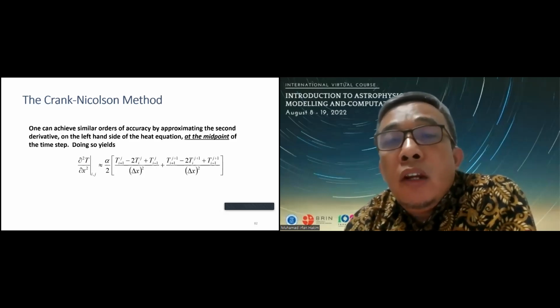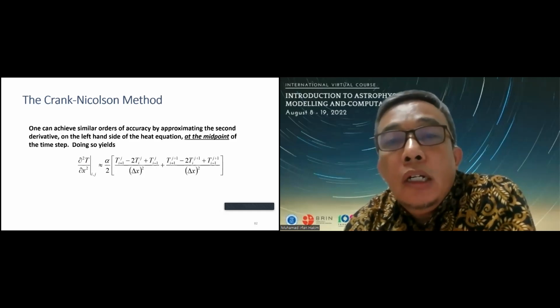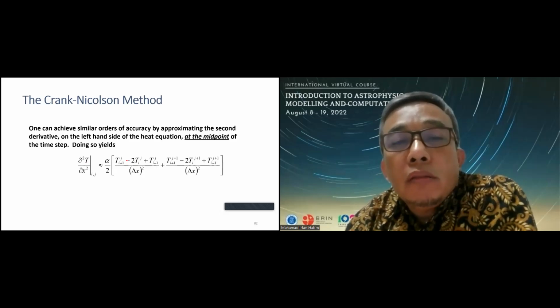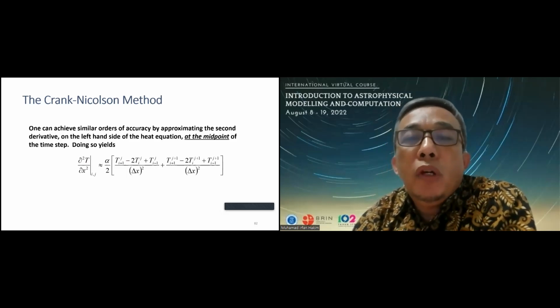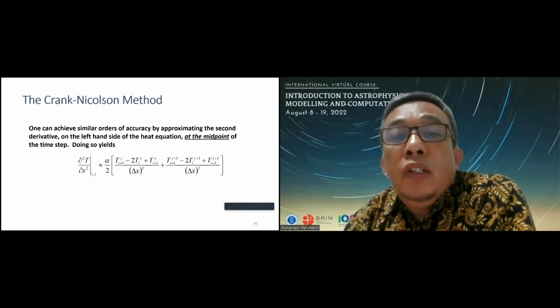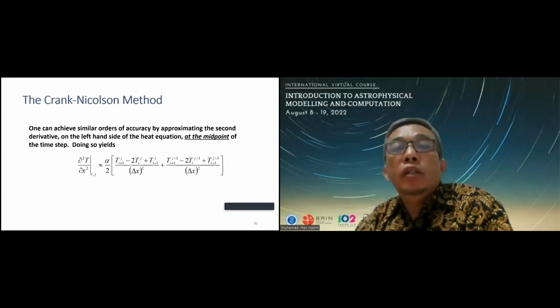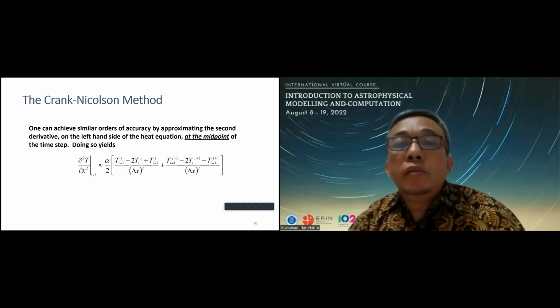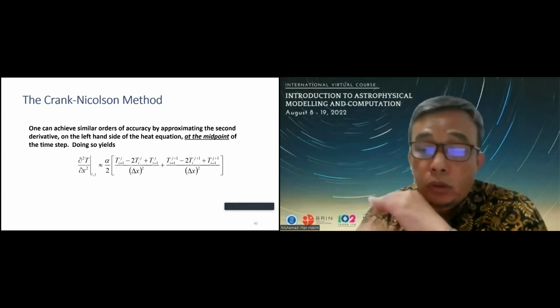Take the second derivative at time j plus 1 here, and at time j here. And we are averaging these two values, divided by 2. This is the value at the midpoint of the time step.